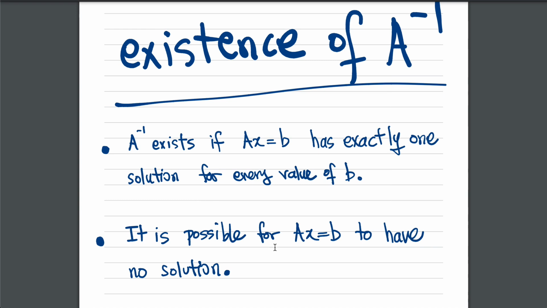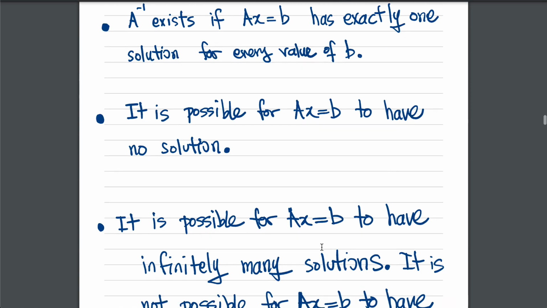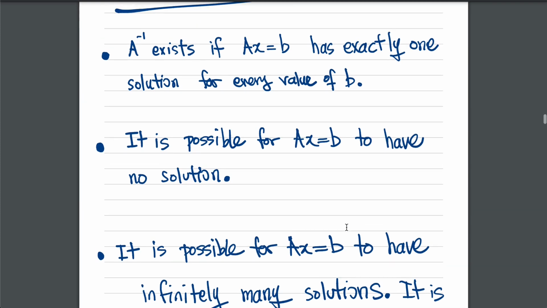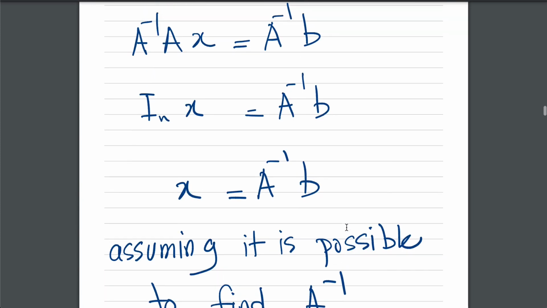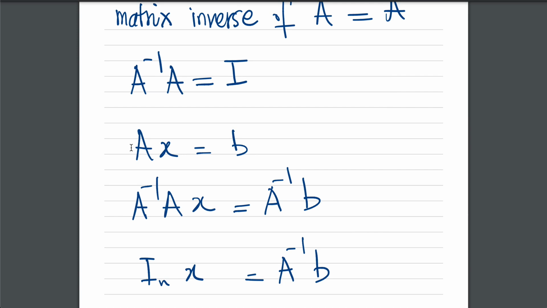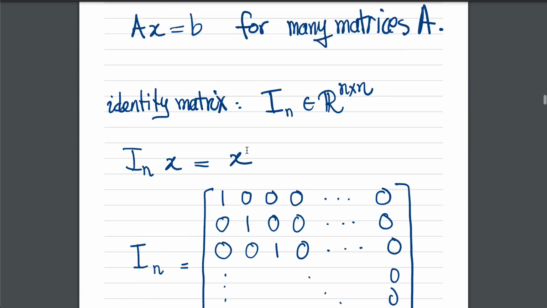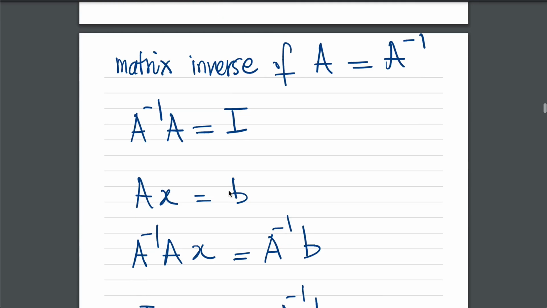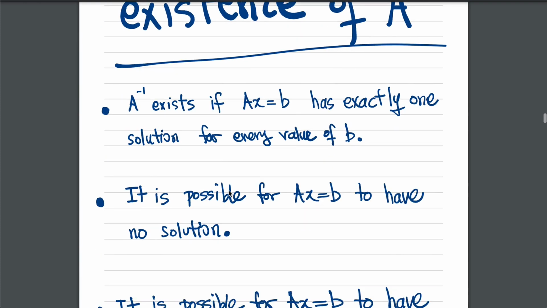Now it is possible for AX equal B to have no solution. It is also possible for AX equal B to have infinitely many solutions. So this system of linear equations falls into one of these categories.